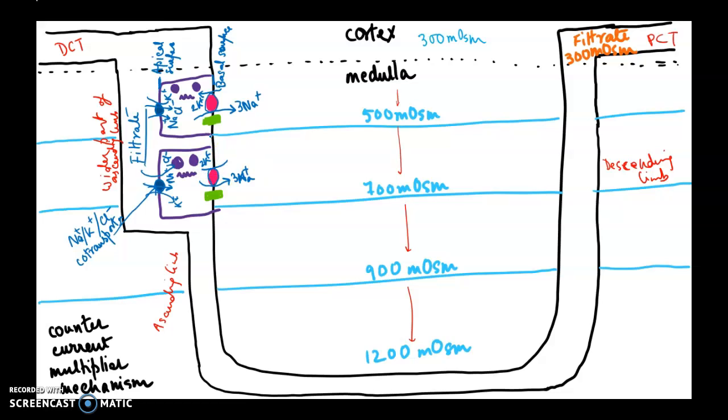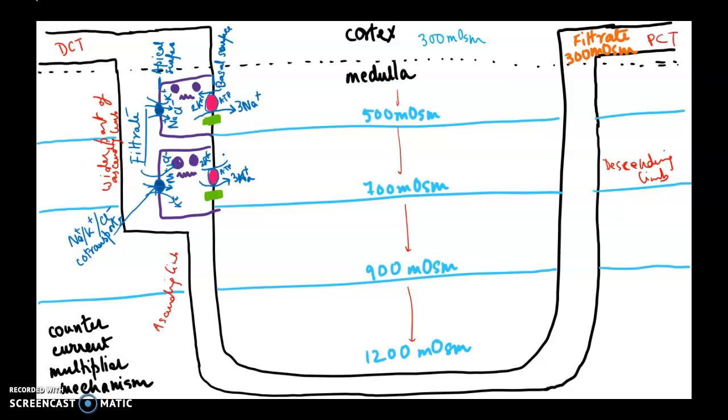Do you agree? So thereby sodium is being actively pumped, and of course this requires ATP. By this process, sodium is being actively pumped from the filtrate into the interstitial space. Do you see that? Great.